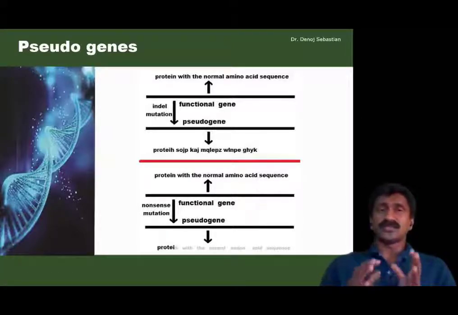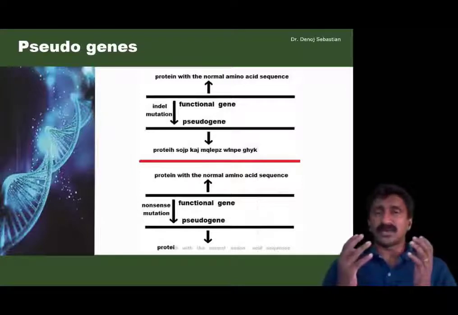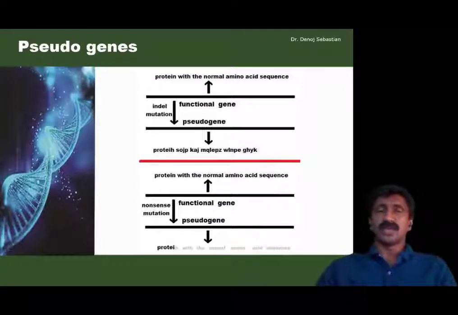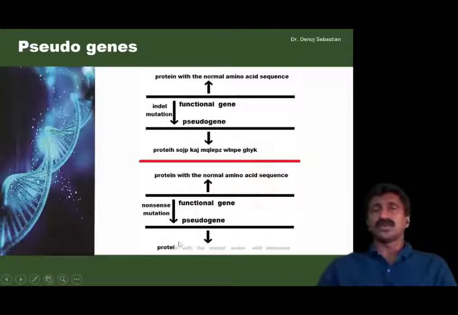Instead of shifting the frame, it will result in the production of a nonsense codon, and subsequently the translation of that particular protein is interrupted at this point. So this also results in a pseudogene, which prevents the functional protein from being produced from that gene.